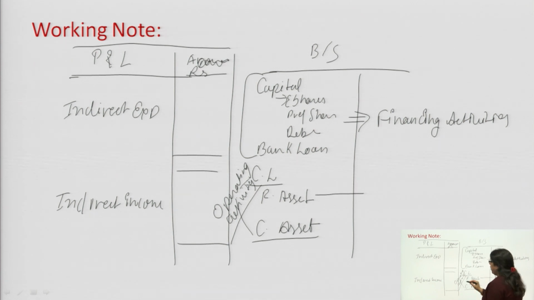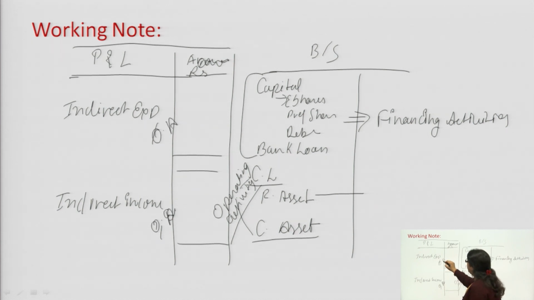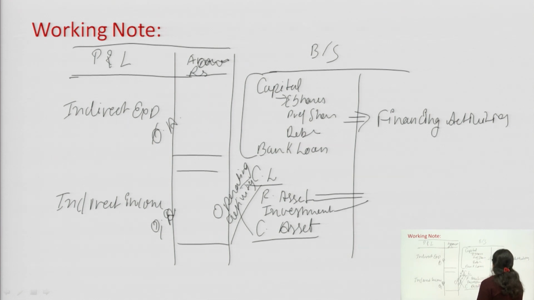All these expenses will also be considered in the operating activities, because these are the expenses which actually arise during the process of the operation or activity for generating the profit. So, these will come to the operating activities. Your fixed assets and your long term investment will go to the investing activity.